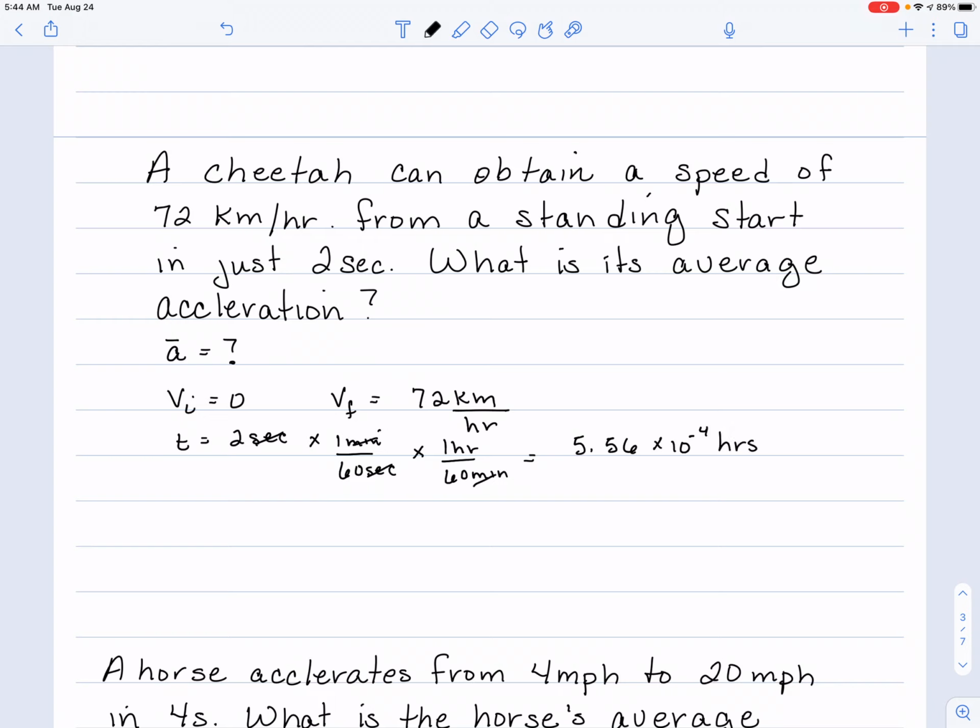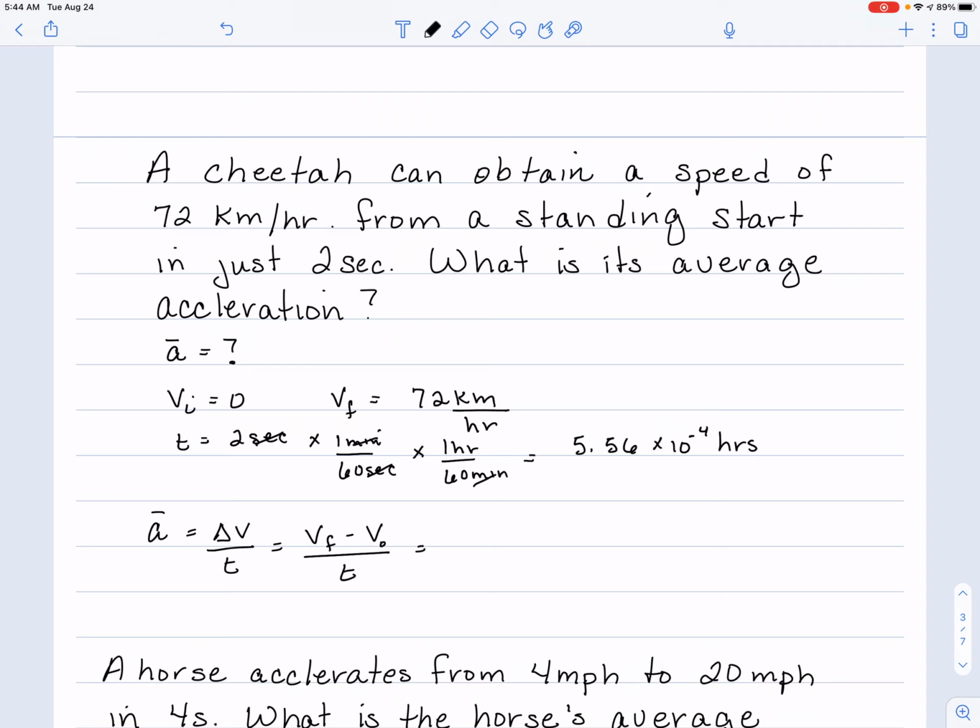Okay, we know that our average acceleration is delta V over t, which is VF minus V0 over t.